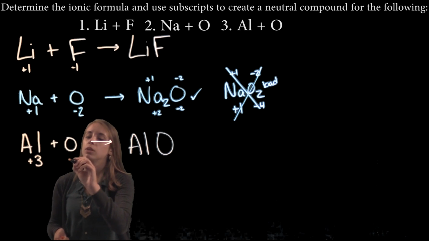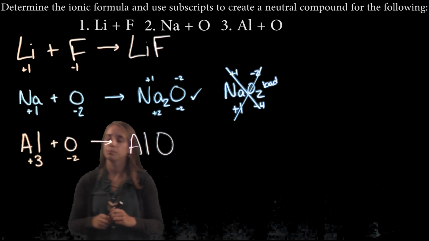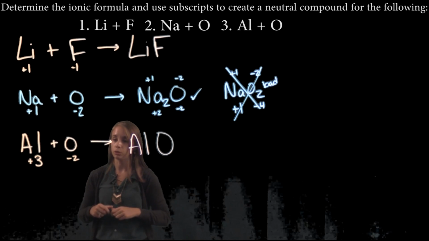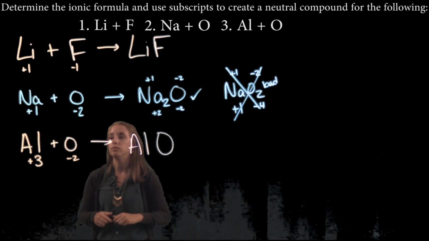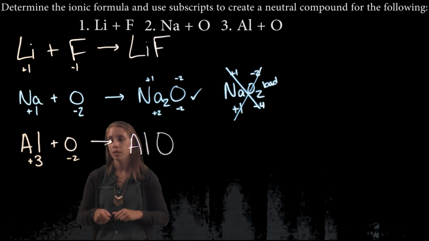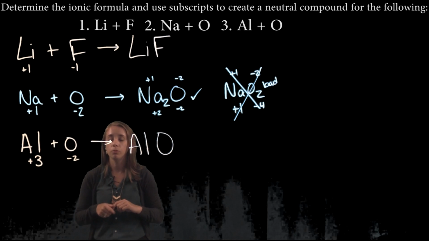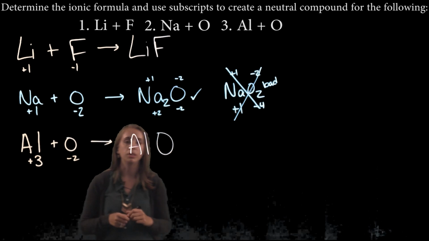And like we said before, oxygen is -2. So aluminum is +3 and oxygen is -2. Oxygen wants to gain 2 electrons. Aluminum would happily give up 3 electrons in order to be a compound.